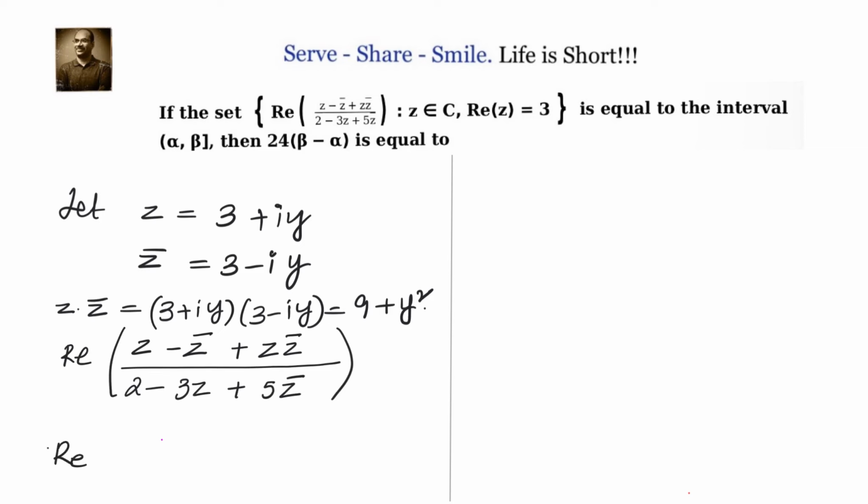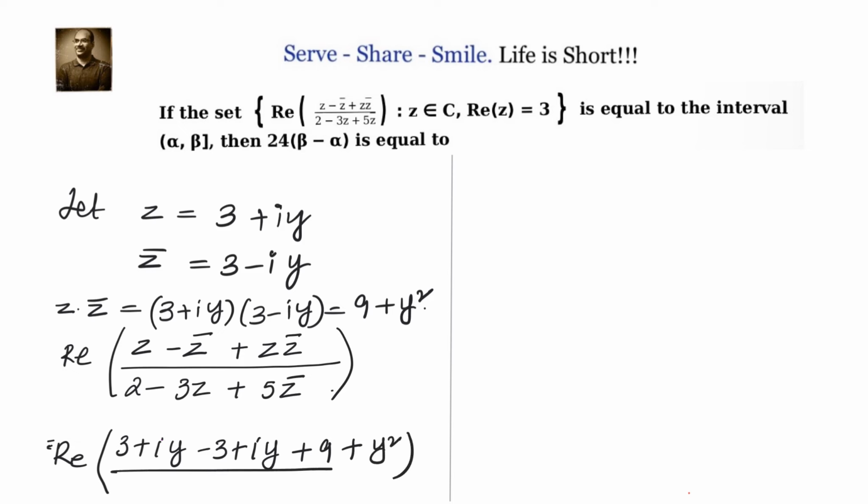Z is 3 plus iy, minus z bar is minus (3 minus iy), plus 9 plus y square, divided by 2 minus 3 into (3 plus iy), there is a minus, so it will be 2 minus 9 minus 3iy, plus 5 into z conjugate, that is 15 minus 5iy.